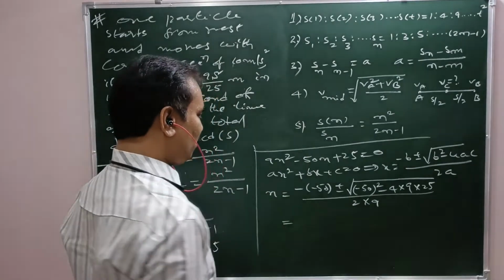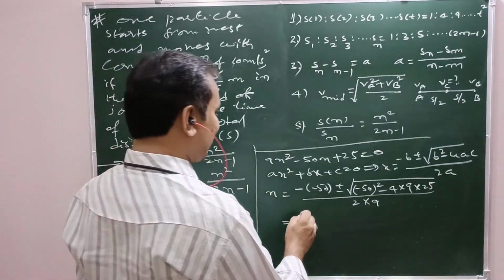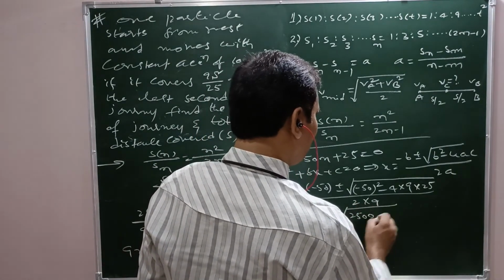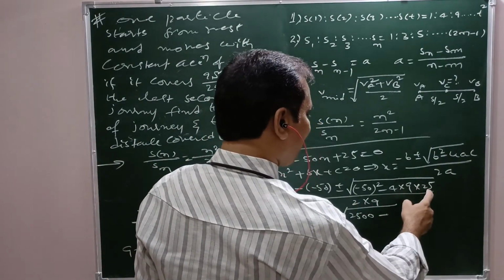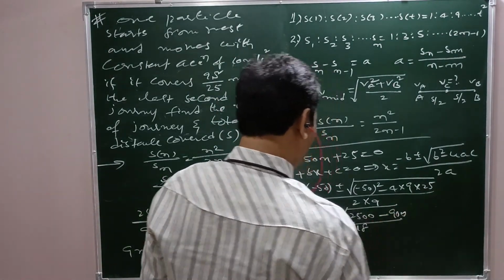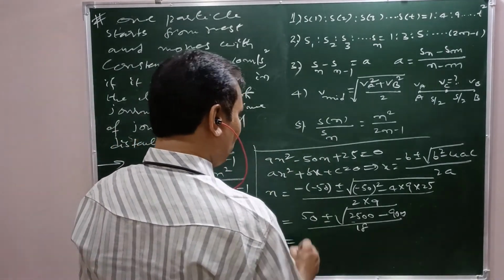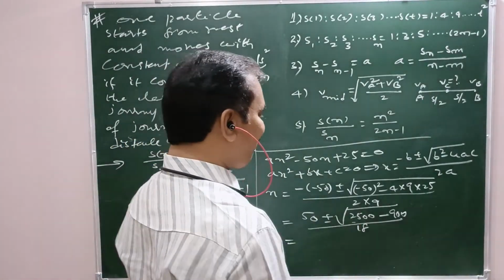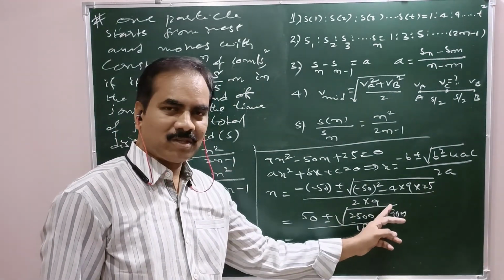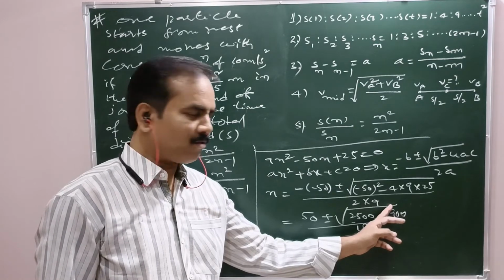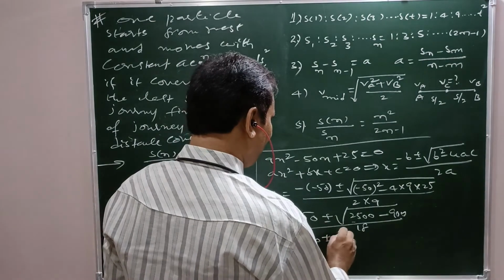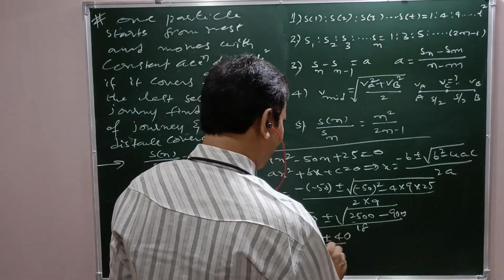So n equals 50 plus or minus root over 2500 minus 4 into 25, 100 into 9, 900, by 18. 2500 minus 900 means 1600. 1600 under root means 40. So 50 plus or minus 40 by 18.